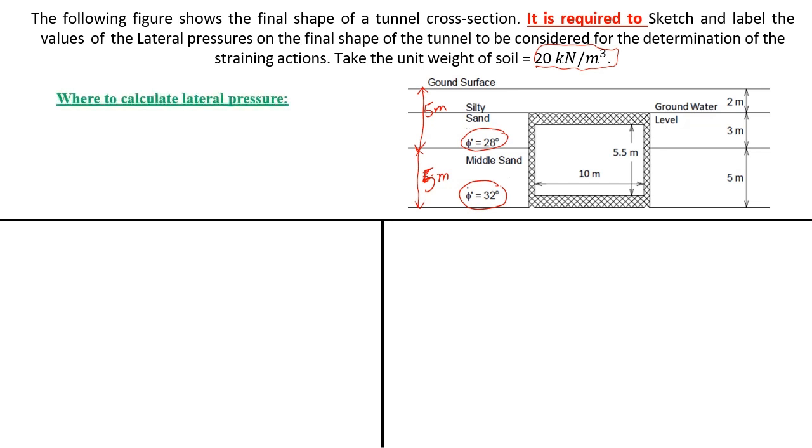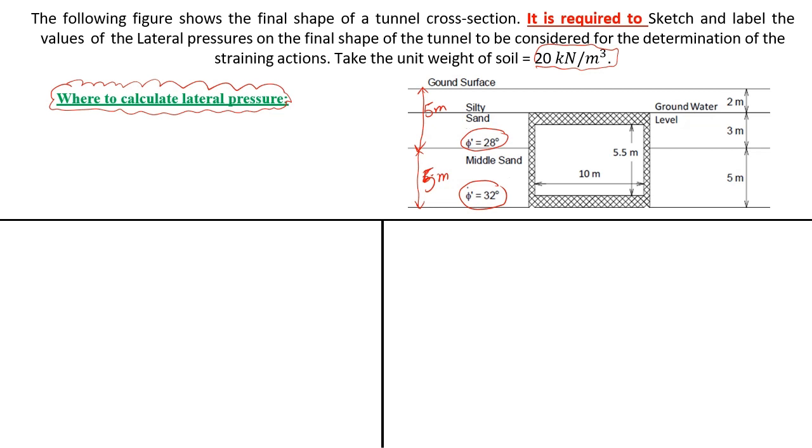Before we begin our calculations, let's talk about the points at which you will calculate your lateral earth pressure. So where to calculate your lateral earth pressure? It is very important to predetermine the locations at which you have to calculate your lateral earth pressure, so that you can sketch and label your diagrams.